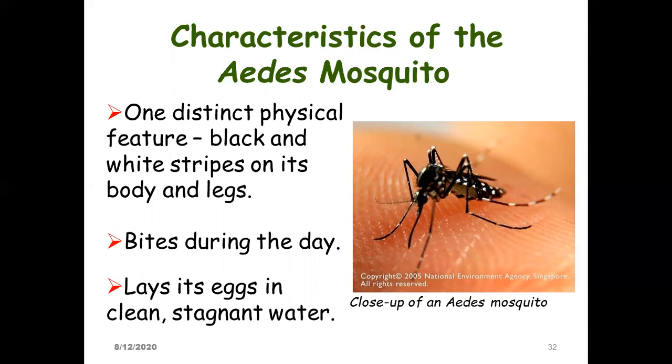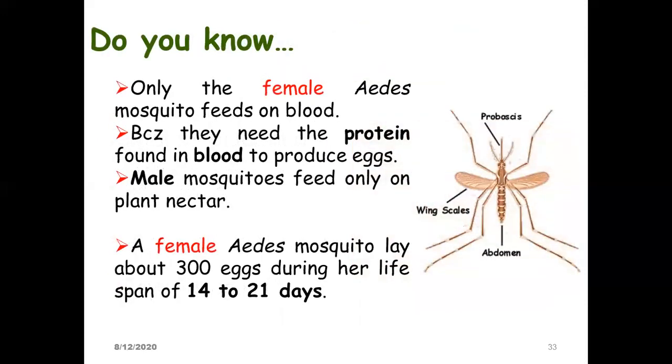This mosquito lays its eggs in clean and stagnant water. Only the female Aedes mosquito feeds on blood. Why? Because they need the protein found in blood to produce eggs and complete the gonotropic cycle. Male mosquitoes feed only on plant nectar or plant juices.